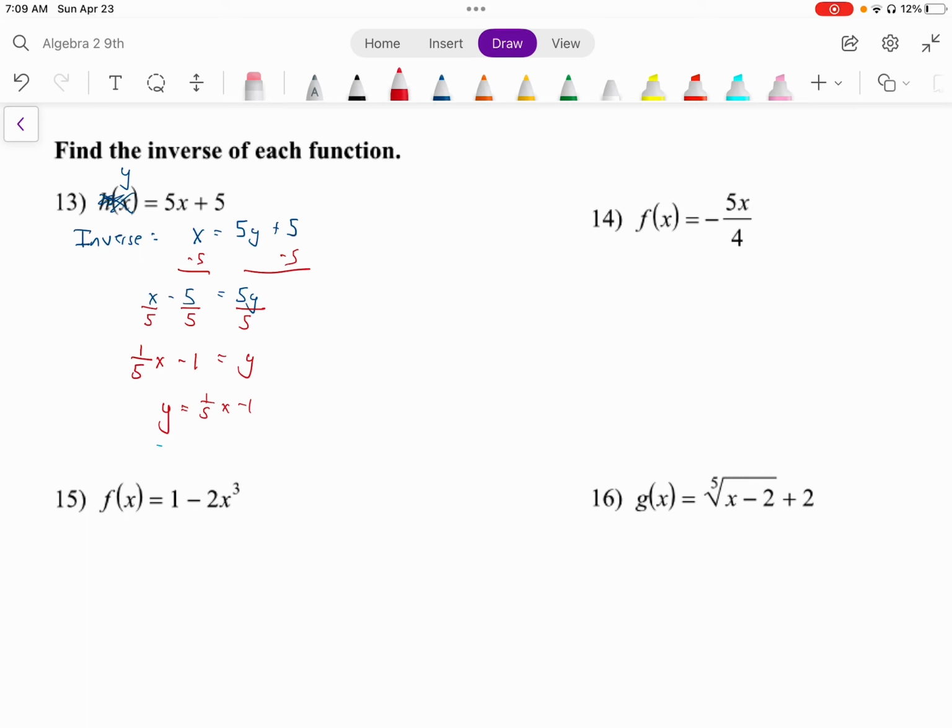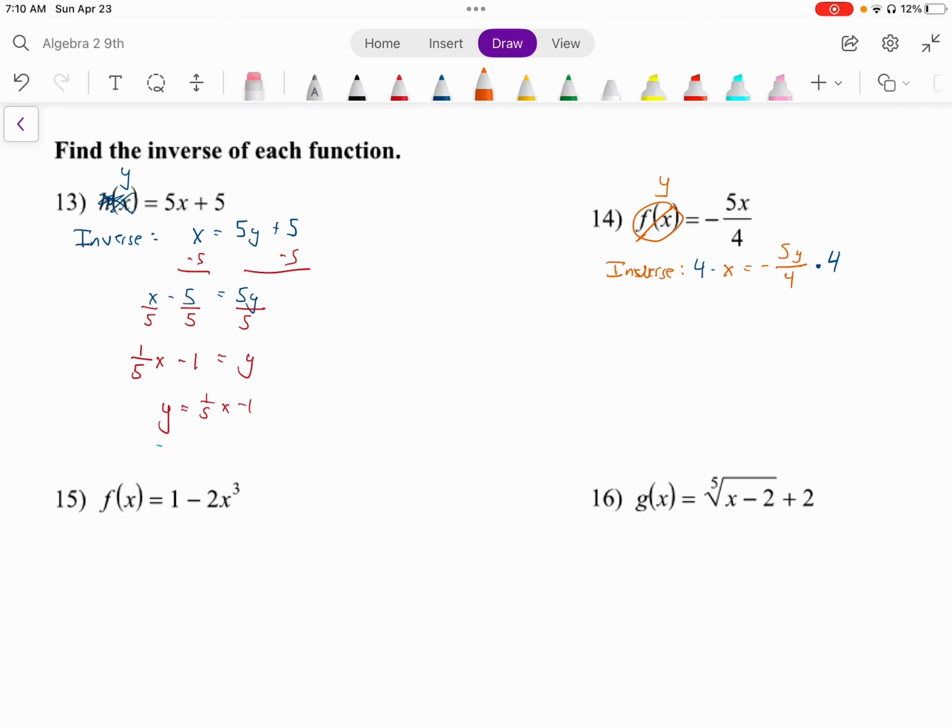Number 14, we're going to do a few of these because they're a little different. So f of x we're going to think of as y. And so for the inverse, we switch x and y. So it's going to say x equals negative 5y over 4. And when we have fractions, there's a couple different ways to think through this, but we'll go ahead and get rid of the 4.